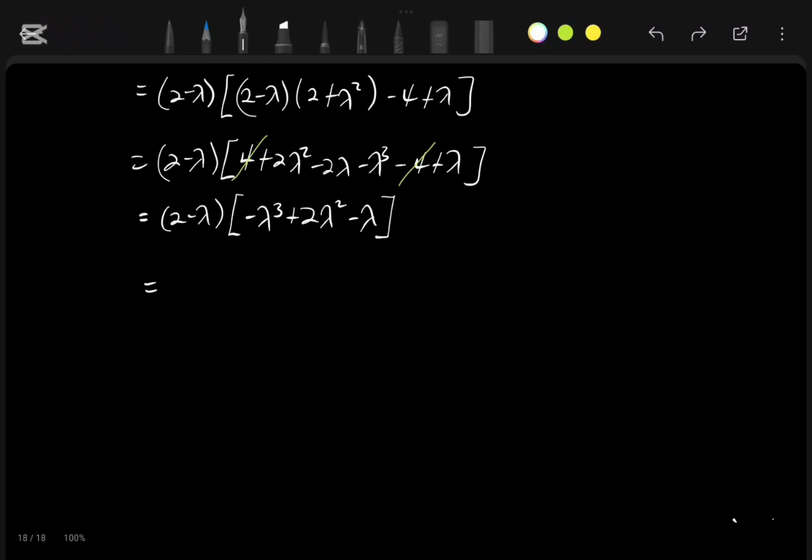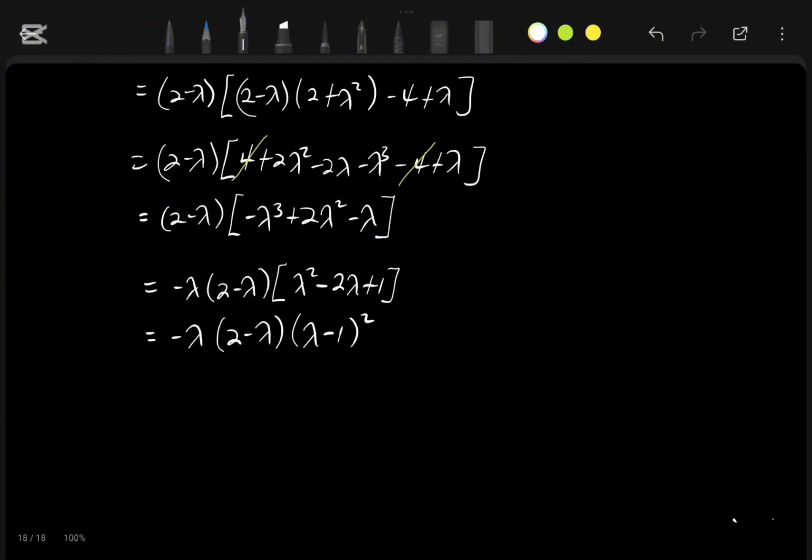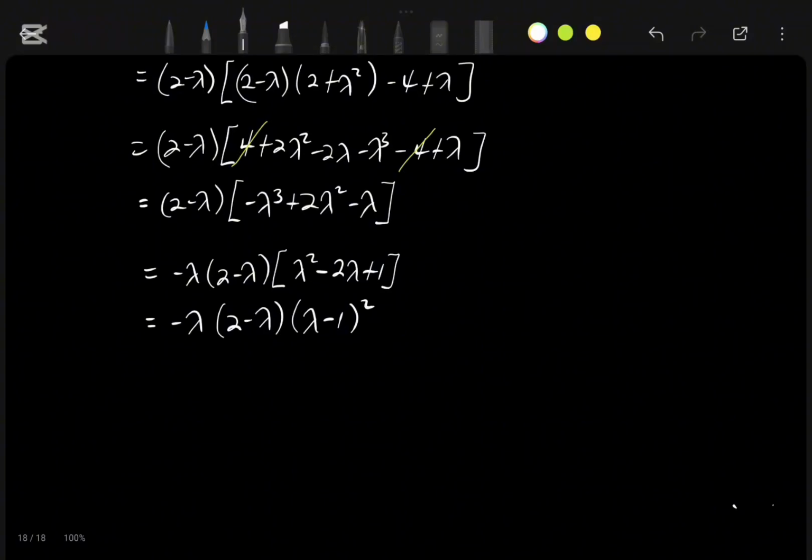Factorizing minus lambda out, we have minus lambda, 2 minus lambda, and then this gives us lambda squared minus 2 lambda plus 1. And this gives us minus lambda, 2 minus lambda, and we have lambda minus 1 all squared.